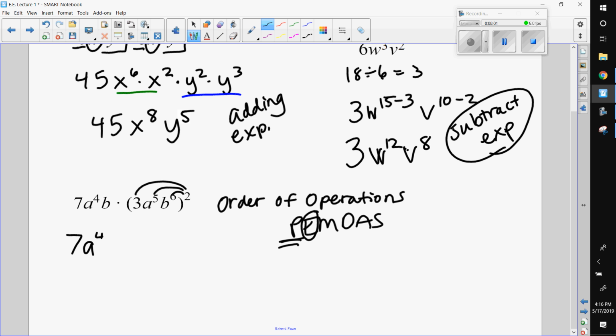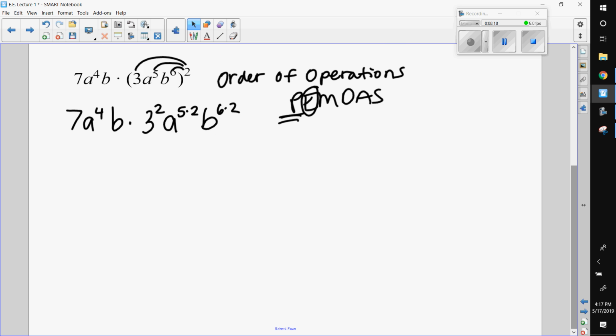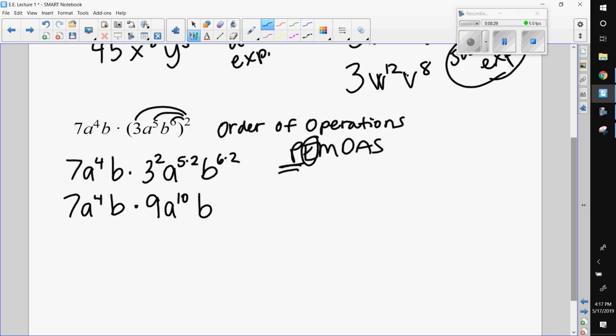My first part stays the same for now. And then I've got 3 squared. I've got a 5 times 2. And I've got b to the 6 times 2. Which gives me 7a to the 4th b times 9a to the 10th b to the 12th.